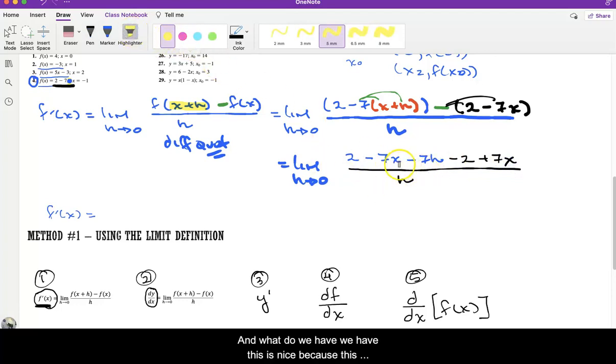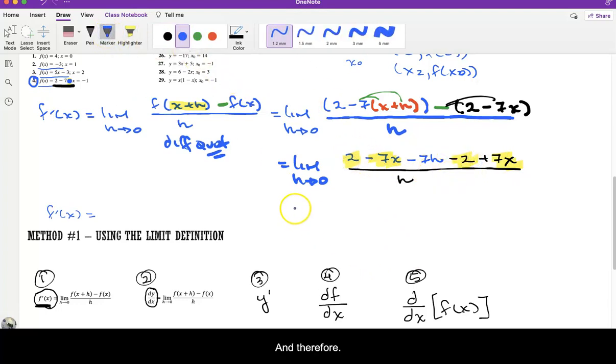And what do we have? This is nice because this is going to reduce with this. This is going to reduce with this. And therefore, you get the limit as h approaches 0 of a negative 7h all over h.